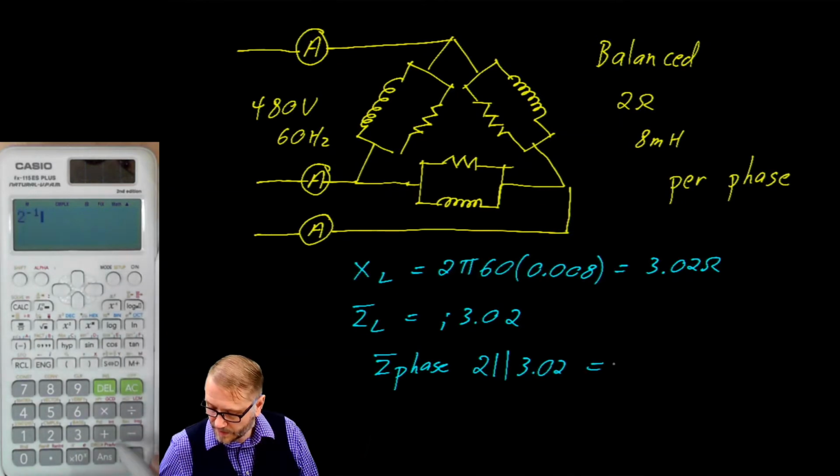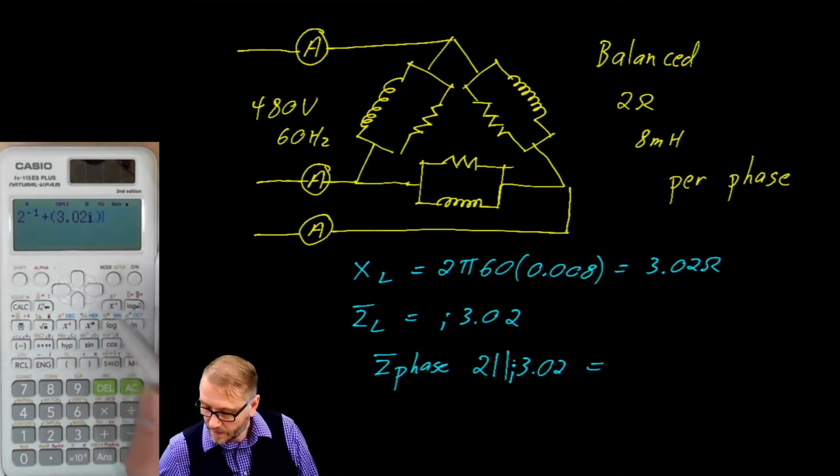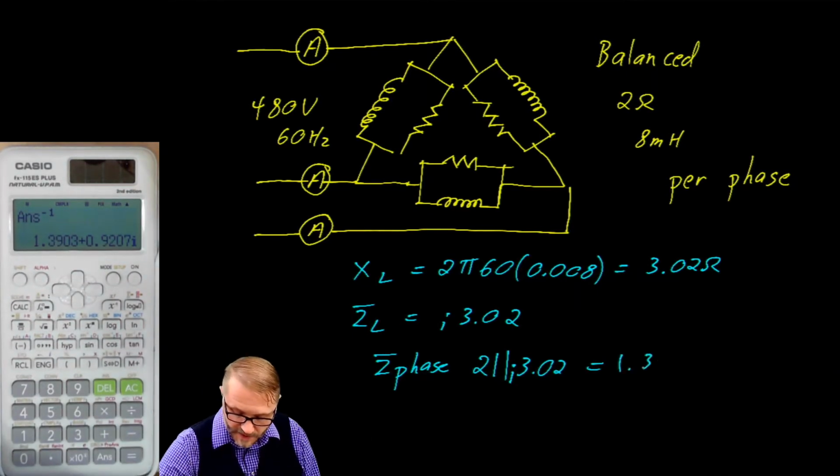That's 2 invert plus j3.02 invert, equals invert. Looks like I forgot the j there. So that's 1.39 plus j0.92.